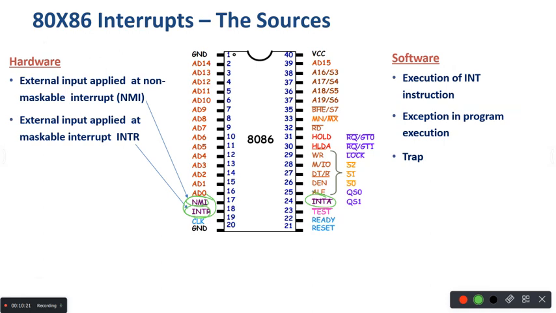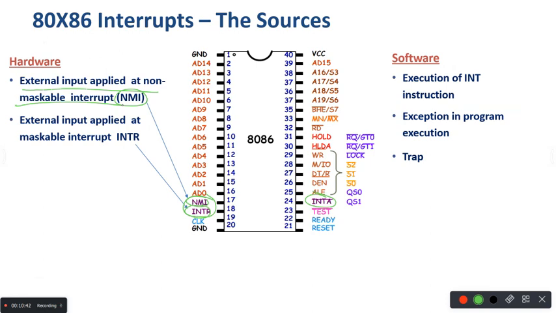See here, non-maskable interrupt. What is a non-maskable interrupt? This is an external input applied, which is called non-maskable interrupt. This non-maskable interrupt is something which cannot be masked. What is this masking?